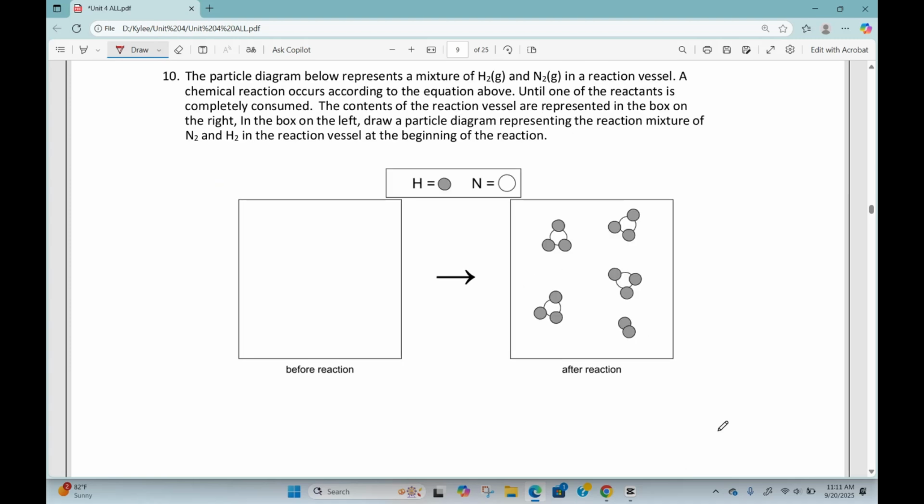On this one, it's a very similar type of problem, except we are working backwards. It says H2 and N2 are going to combine to make NH3. And they want us to work backwards to figure out what is going on before the reaction.